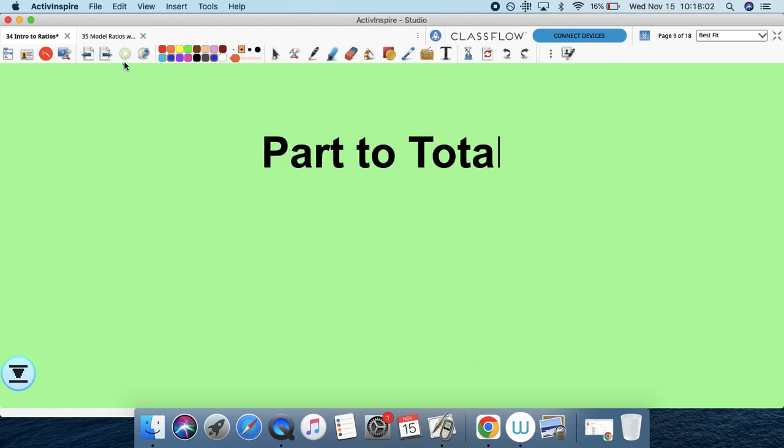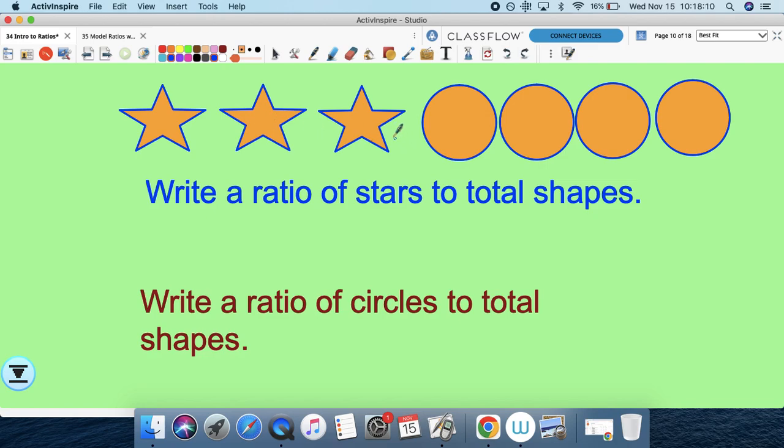A part-to-total relationship. Now we're comparing part of the group to the total amount. So write that down. Write a ratio of stars to total shapes. Well, again, ratio of stars, so stars to total. There are 3 stars, so we can write 3 stars to, how many total shapes do we have?